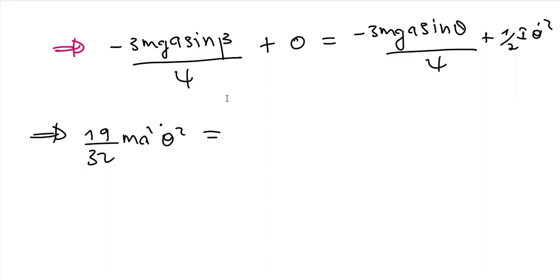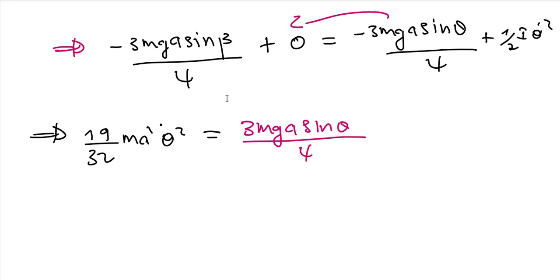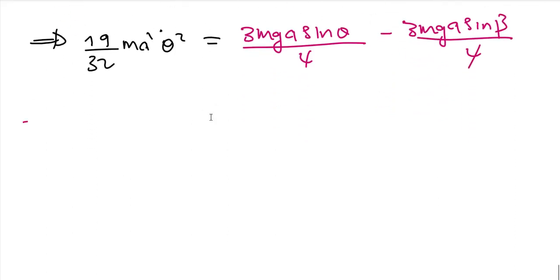This should be equal to, now I will bring this term this way, 3mga sine theta divided by 4 minus 3mga sine beta divided by 4. Now if I multiply all through by 32 and I factor out 3mga on the right hand side, I will have 19ma squared times theta dot square.